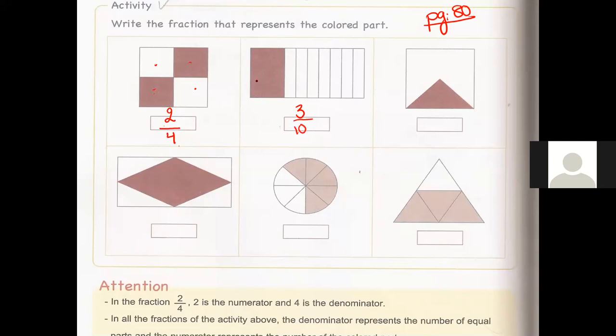Excellent. Bravo. 3 parts are colored. 1, 2, 3. Now let's count the total number. 3, 4, 5, 6, 7, 8, 9, 10. Excellent. So 3 out of 10. So 10 is the total number of parts.